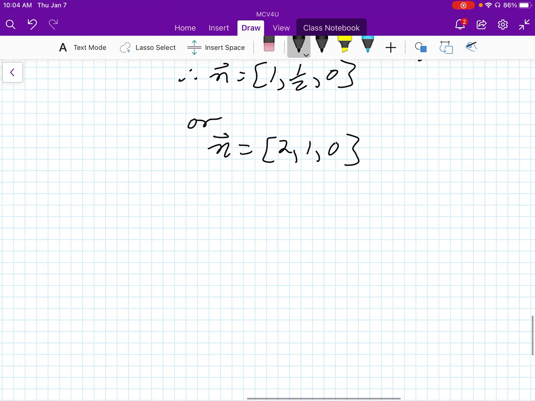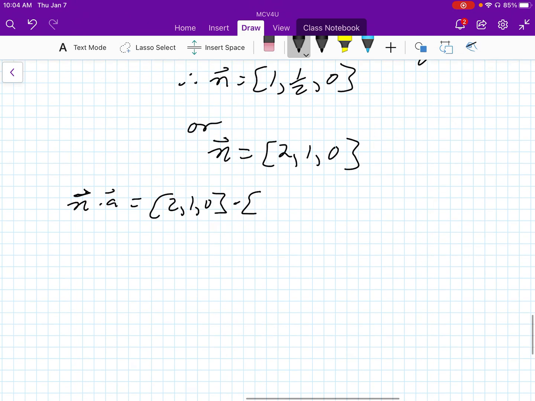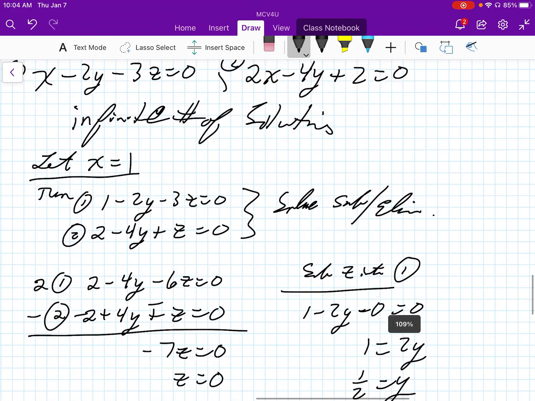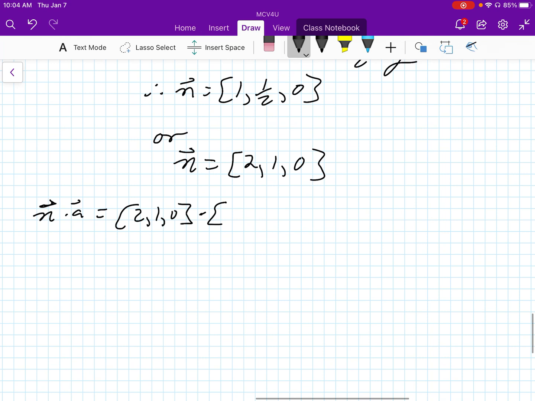So let's just check that it is perpendicular. What is n dot A? n is 2, 1, 0, dotted with A. I forget what I put down for A. It looks like 1, negative 2, negative 3.